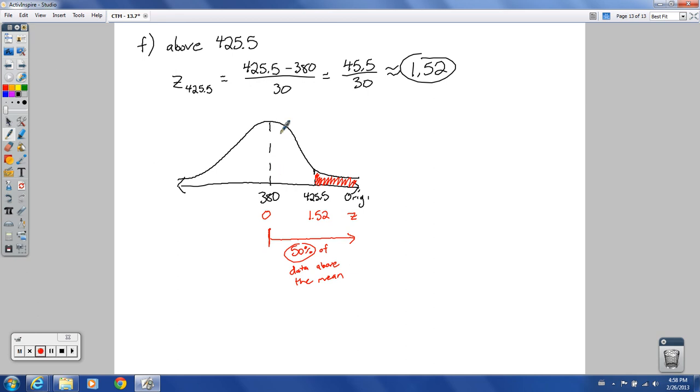Well, if we knew the area of this part from 380 to 425 and just subtracted that from 50, that would give me this leftover part. That's exactly what we're going to do. So the area of this part is going to be 50 minus, well, what is that according to the z-table? This would be minus, and we'll write that part in right here.